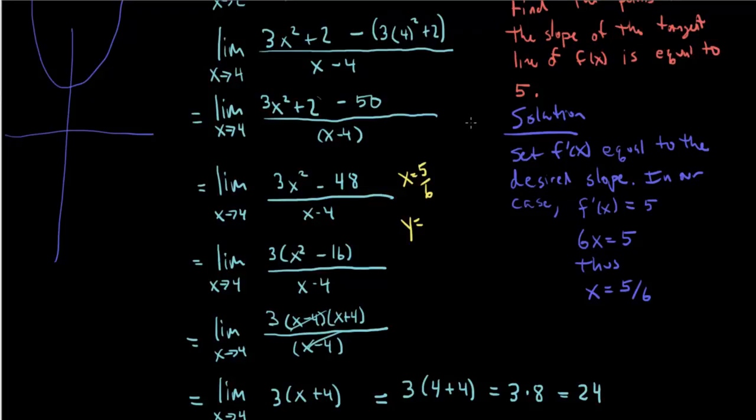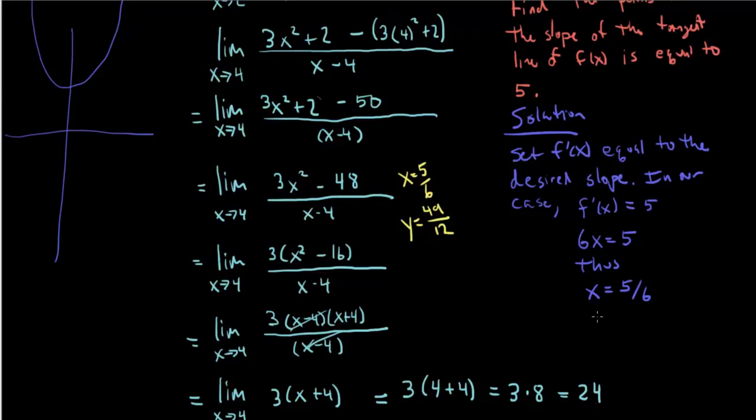So now we have to square 5 over 6, multiply by 3, and then add 2. I'm going to save myself a little trouble and use my calculator real fast. 3 times 5 divided by 6 squared plus 2. It's going to be a nasty fraction, I bet. Not too bad. 49 over 12. So y equals 49 over 12.